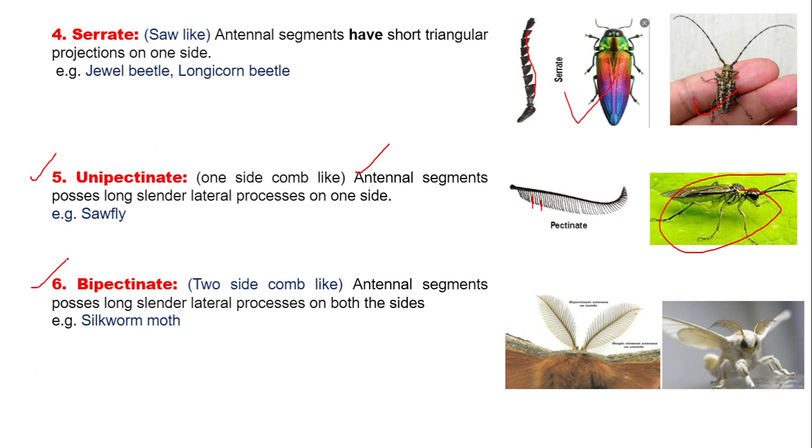Bipectinate antennae or two-side comb-like antenna. In this type of antenna, the antennal segment bears long, slender lateral processes on both sides. See the lateral processes on both sides. Bipectinate antennae are found in silkworm moth.